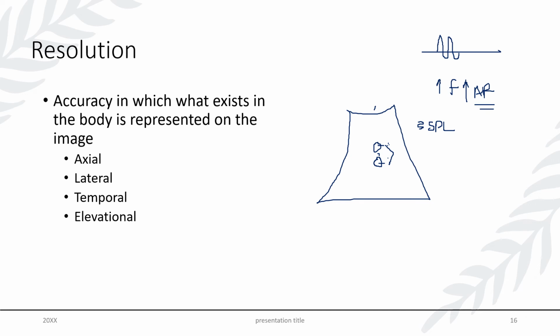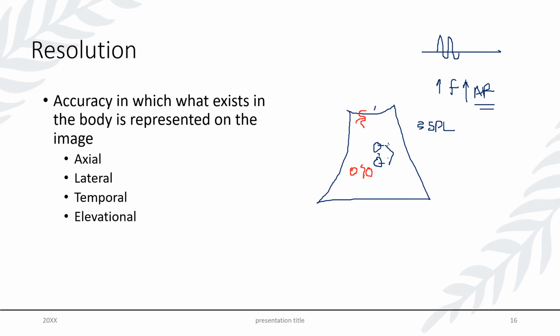Another type of resolution is our lateral resolution, and when we have two items in an image or in anatomy that are separated side to side, lateral to one another, if we are able to squeeze our sound wave in between those two items and bring back anatomic information, that information will cause these two items side by side to appear as separate entities on my image.